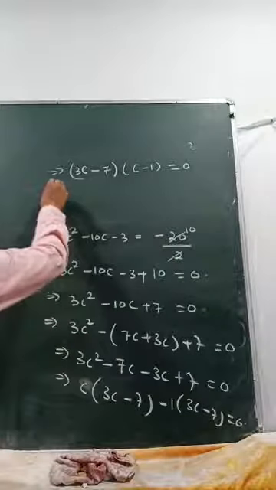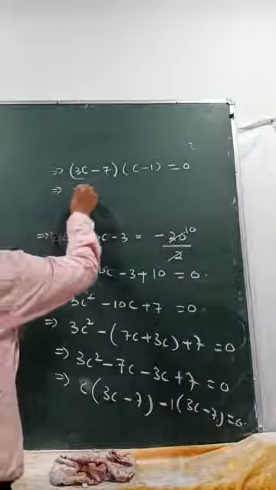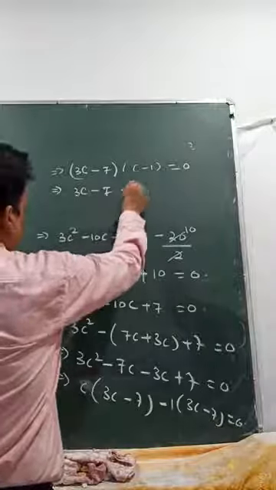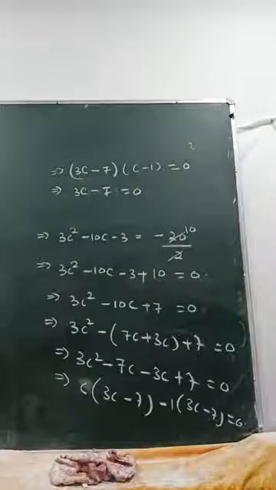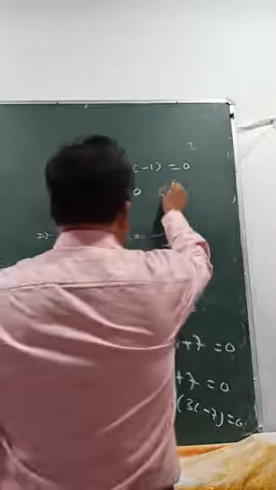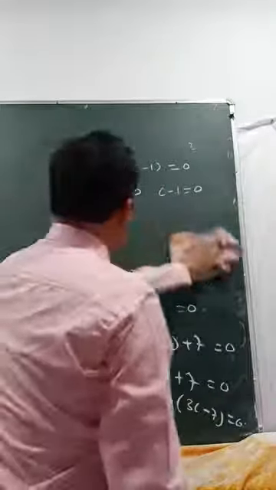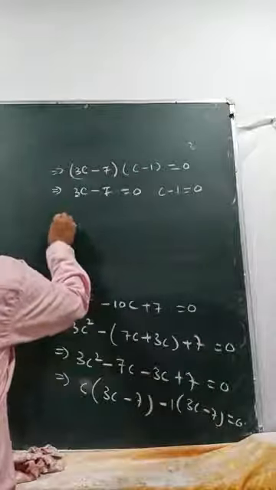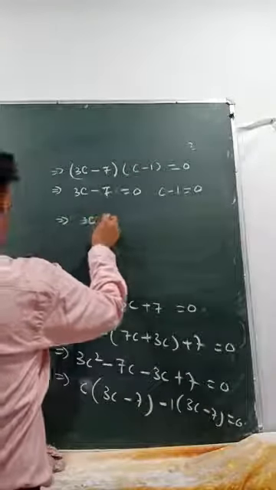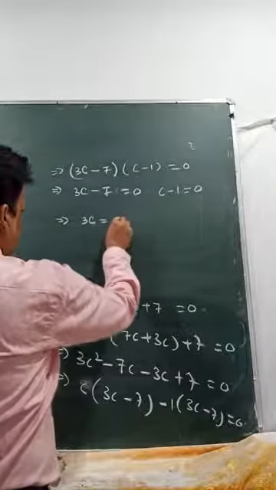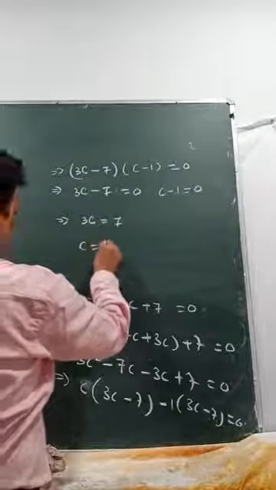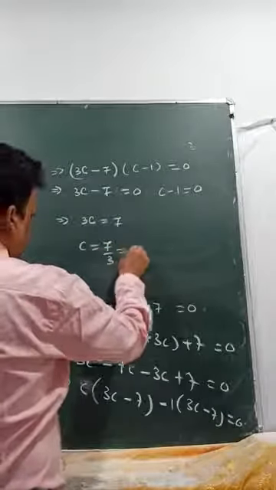This implies 3c minus 7 equals 0 and c minus 1 equals 0. All the c's that we found: 3c equals 7, c equals 7 upon 3, 2.3.